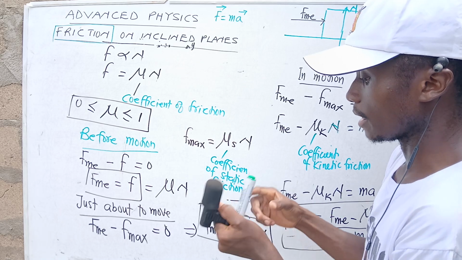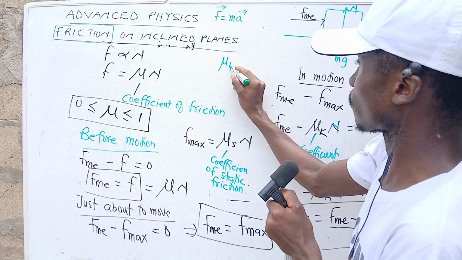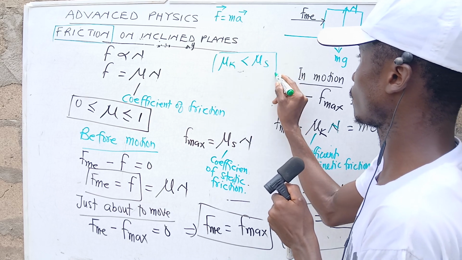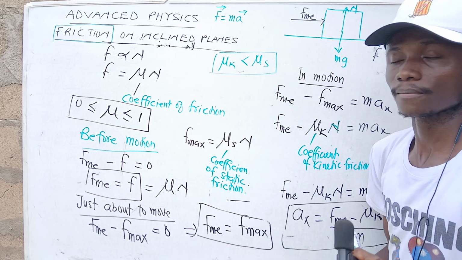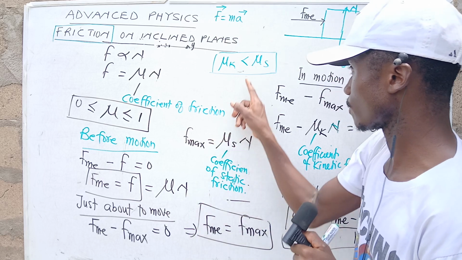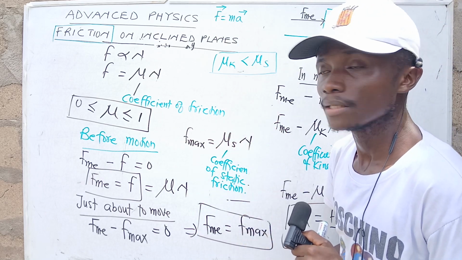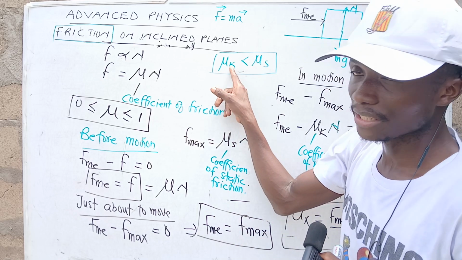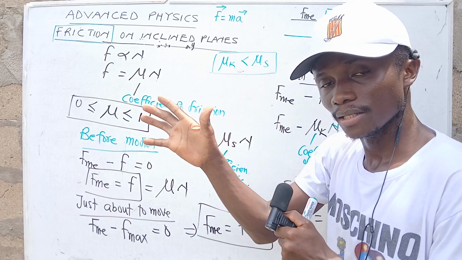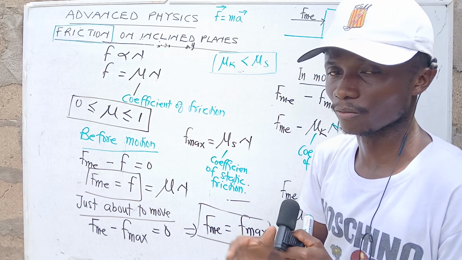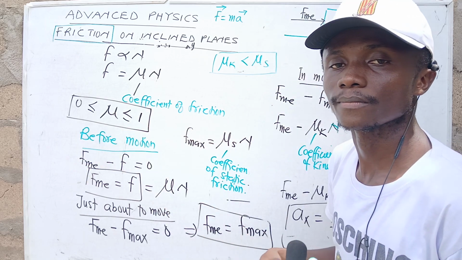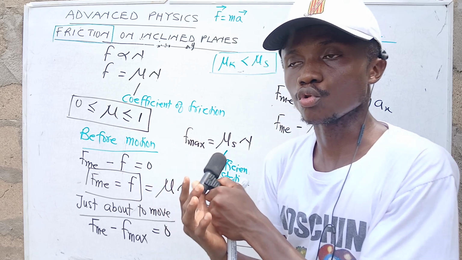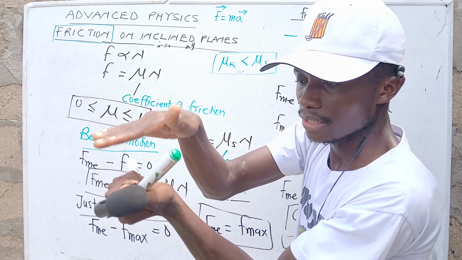So we establish here that the coefficient of kinetic friction is less than the coefficient of static friction. It is very important to make this point. The coefficient of kinetic friction, that is when the object is moving, will be less than the coefficient of static friction when the object is yet to move. And the explanation has to do with when the object is on the surface.